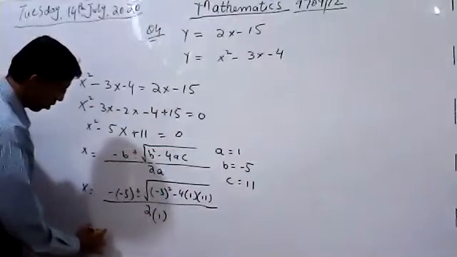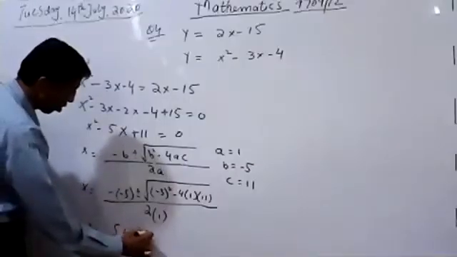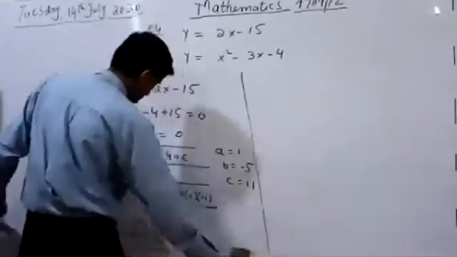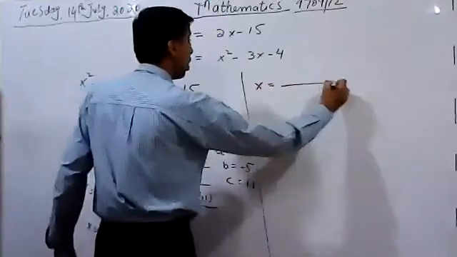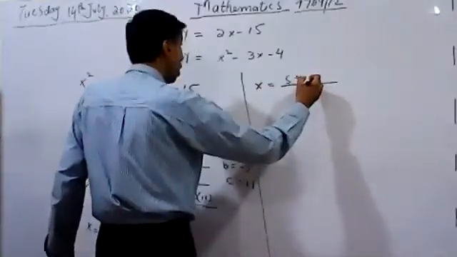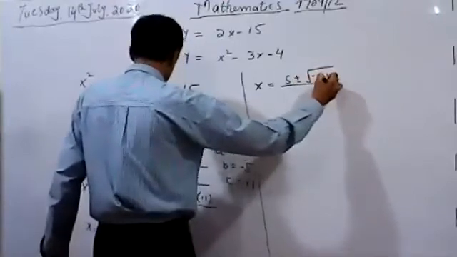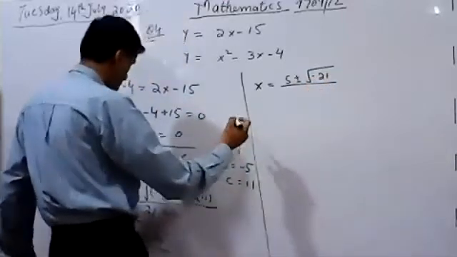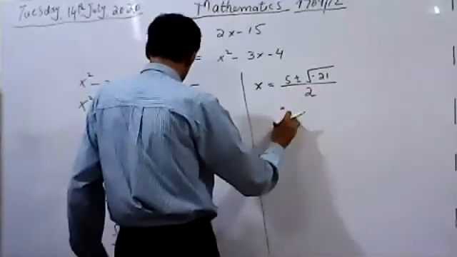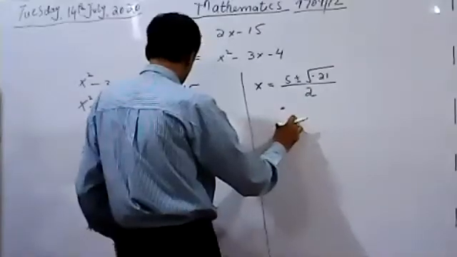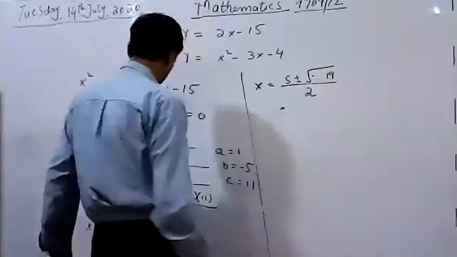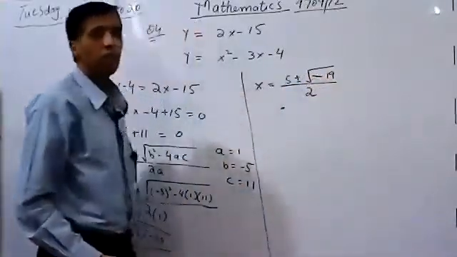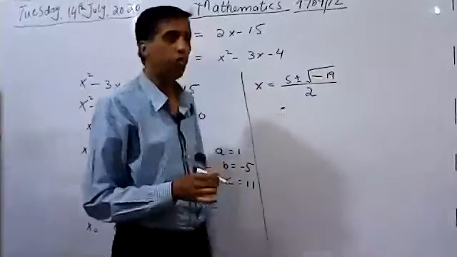Solve it. To minus 19. When you get the negative sign in the square root form, it is imperfect, so we cannot solve it further.